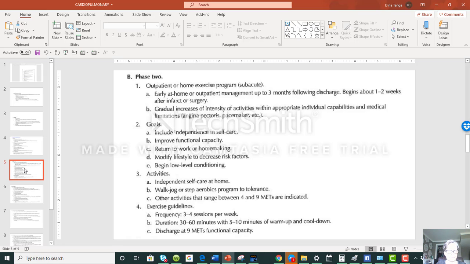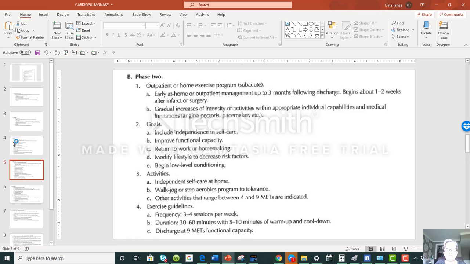Phase 2. Outpatient or home exercise program, subacute. Early at-home or outpatient management up to 3 months following discharge. Begins about 1 to 2 weeks after infarct or surgery.